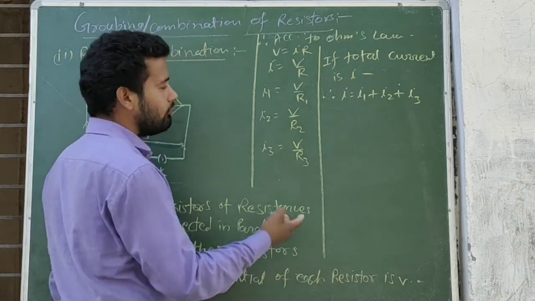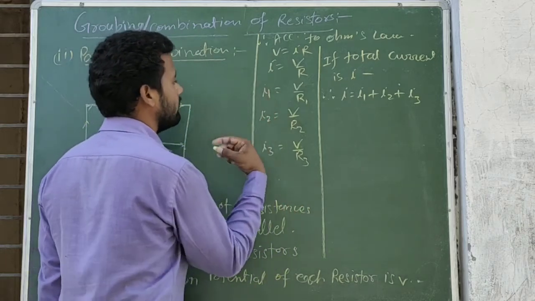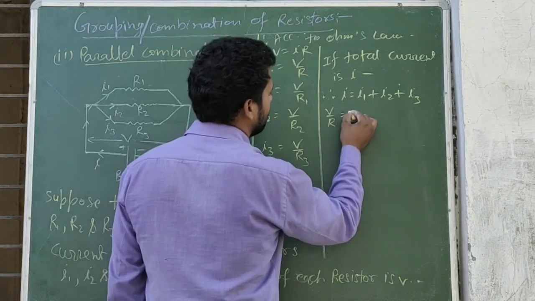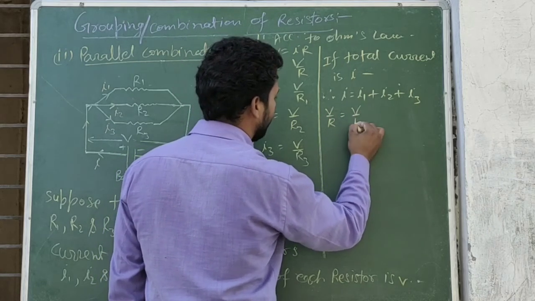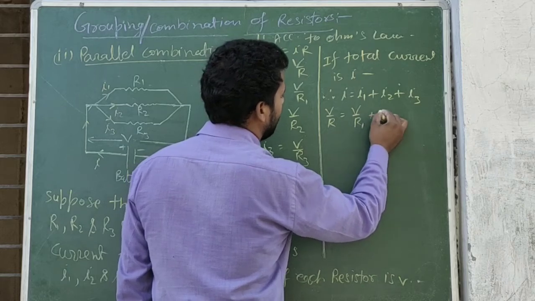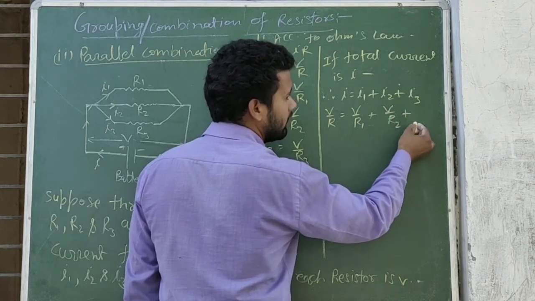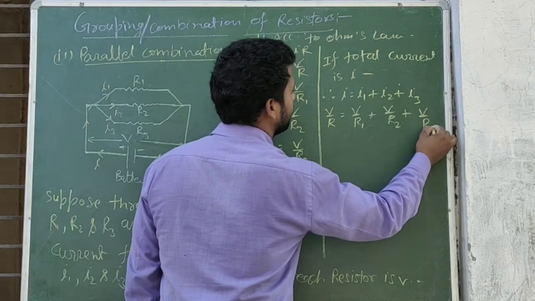Putting the values of I1, I2 and I3: V by R equal to V by R1 plus V by R2 plus V by R3.